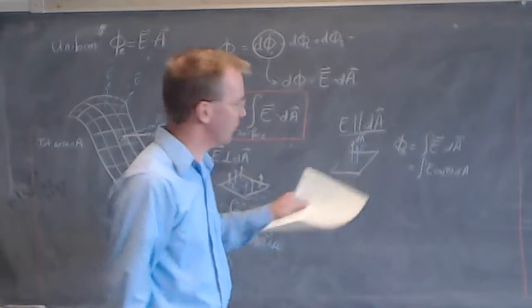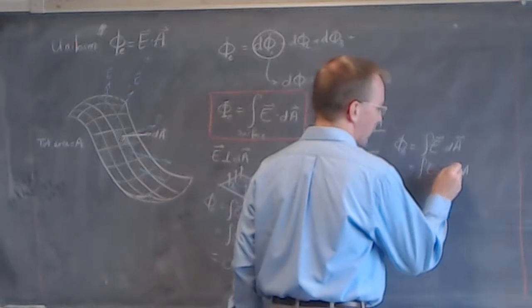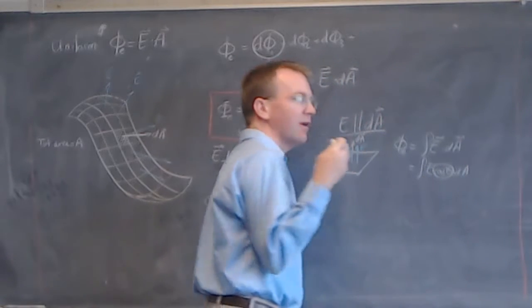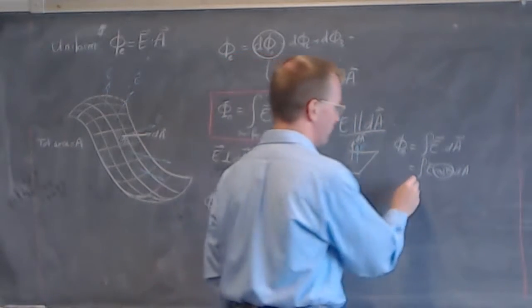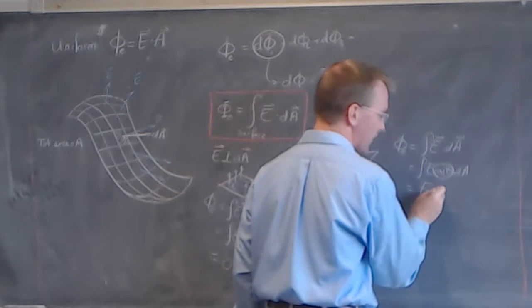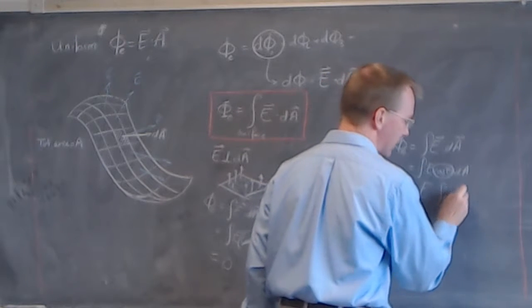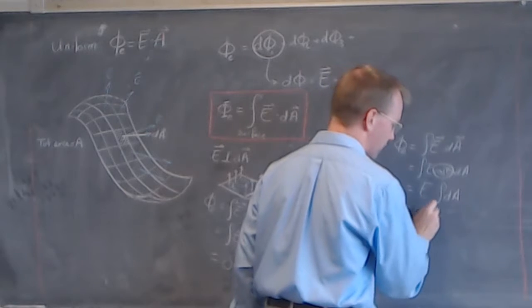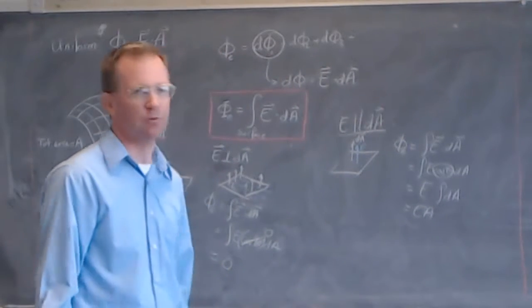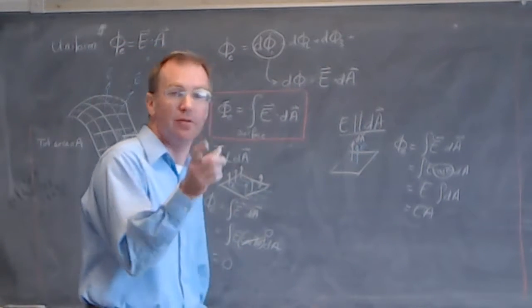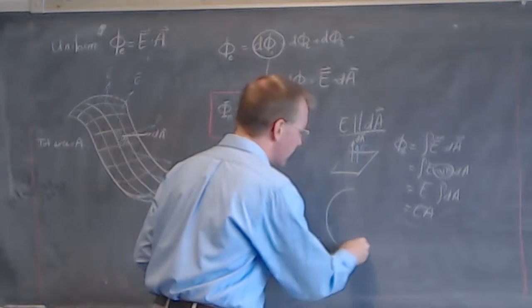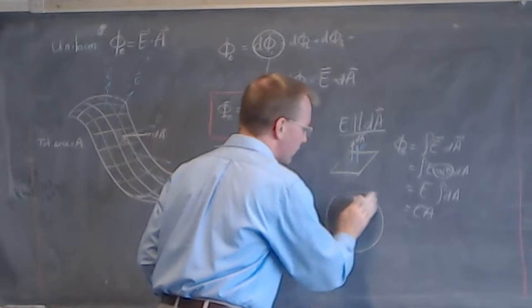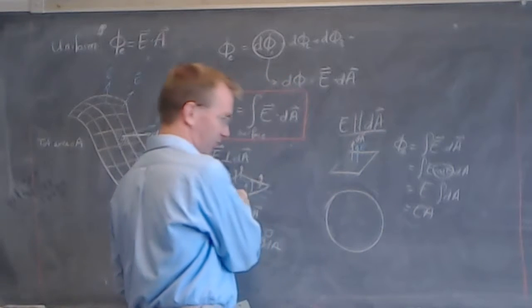And if it's uniform and so on, cosine theta, that's cosine of 0 degrees, which is 1. So I get E times 1 times the integral of dA. Integral of dA is A. I get EA, which is what I got in the uniform case. But this is nice because this is even true with curved surfaces. So is this, by the way.